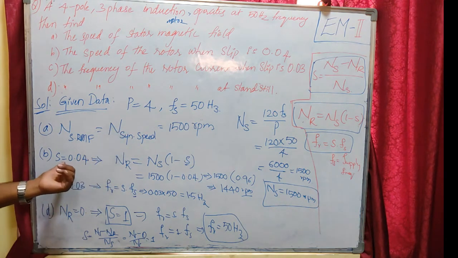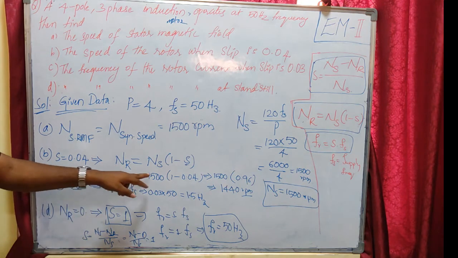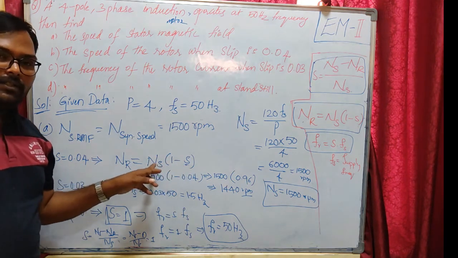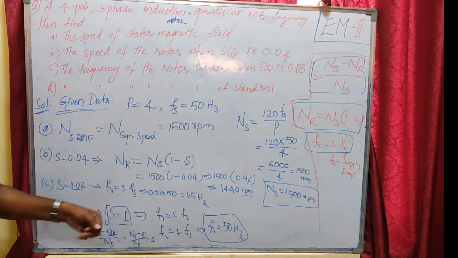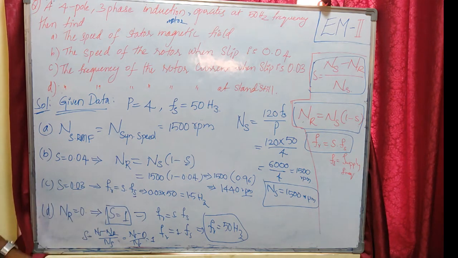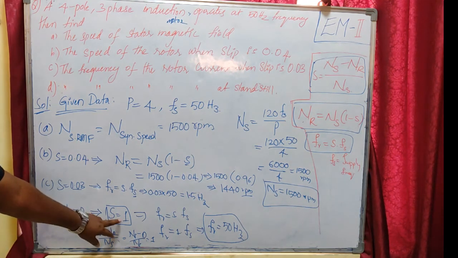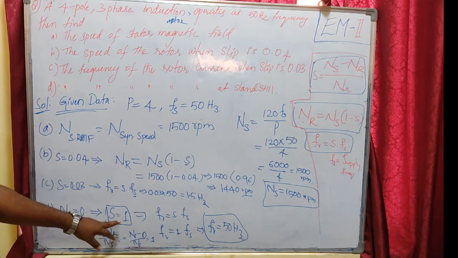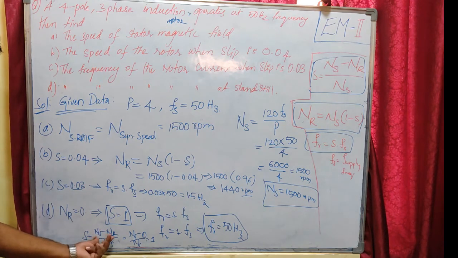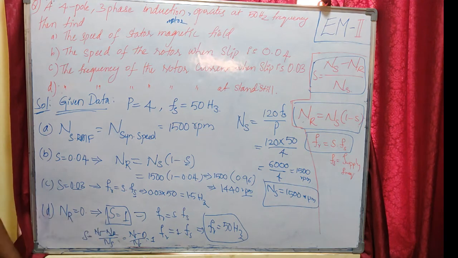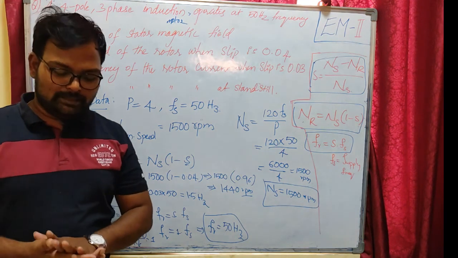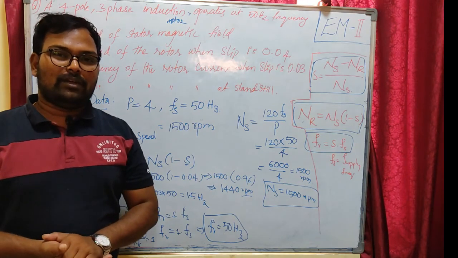We can find the rotor speed using slip and synchronous speed. You can find the rotor frequency using slip and supply frequency, and we can find the rotor frequency at standstill by applying S equal to 1. That means at standstill the difference between Ns and Nr is maximum, that is S equal to 1. So this is about our synchronous speed, rotor speed and rotor frequency. Okay. Thank you.